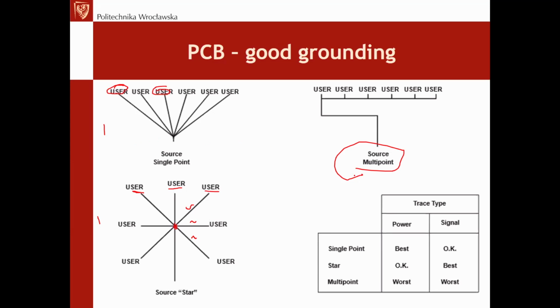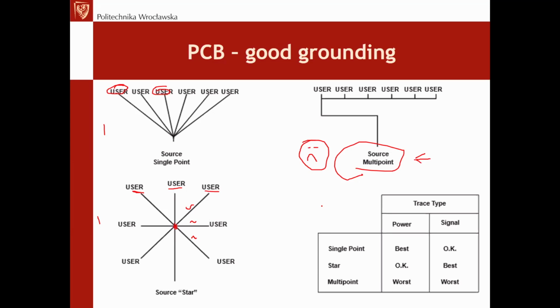And the worst is always the multi-point. Actually, we shouldn't be using this technique at all in our design, or we should reduce its use only to the points which are not very ground quality sensitive, because it happens sometimes for simple microcontroller designs.